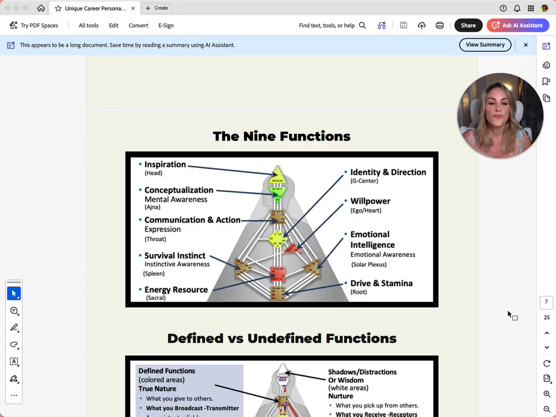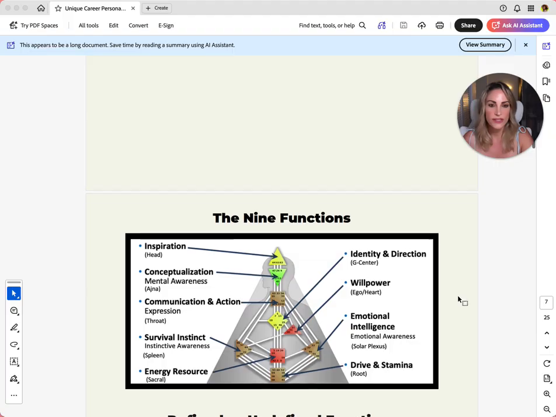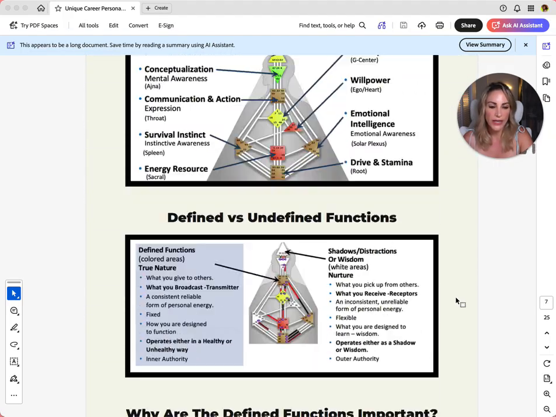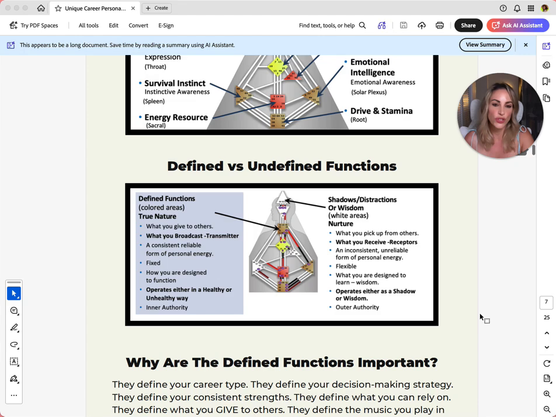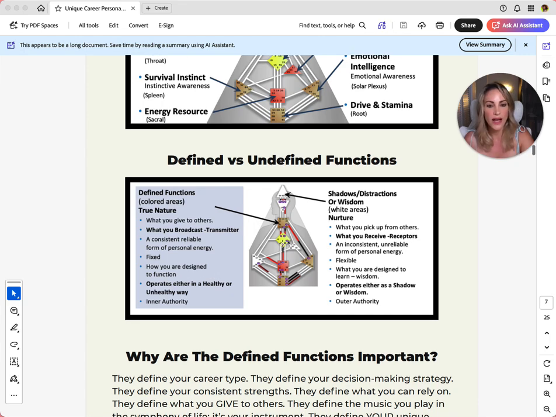Those are the 9 functions and the centers of your body in your graph of what you're looking at. If you have it defined and colored in, that is your true nature, your energy that you can rely on. If it's open, it's more of an area of wisdom and where you absorb the energy of others.